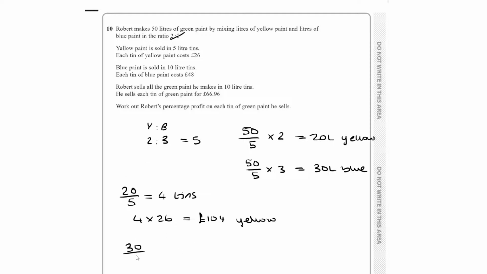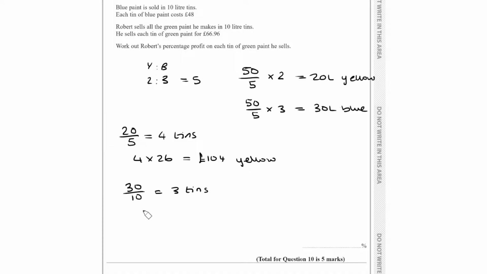So 30 divided by 10 means 3 tins of blue. And then that costs £48. So 3 times 48 is £144. So then the total cost is obviously both of those. £248. So we've got our cost.